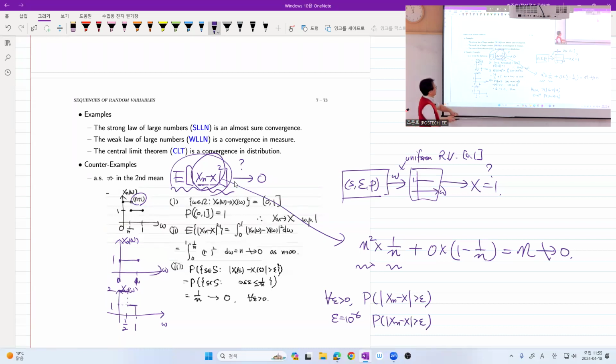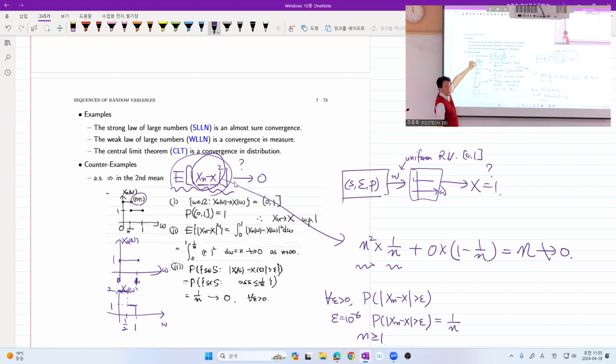Given n greater than 1, the difference is greater than epsilon. So this probability is always 1 over n, right?